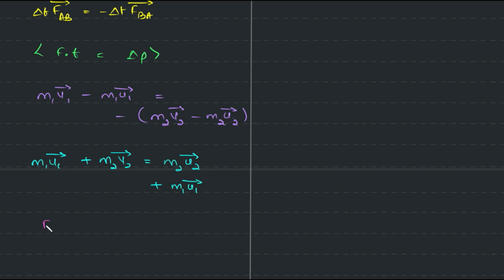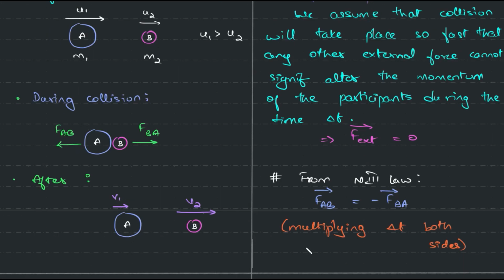This is nothing but your final momentum. The system is made up of two particles, and this is equal to the initial momentum of the system. Okay, so that you guys can write, and that's how you get to prove it.